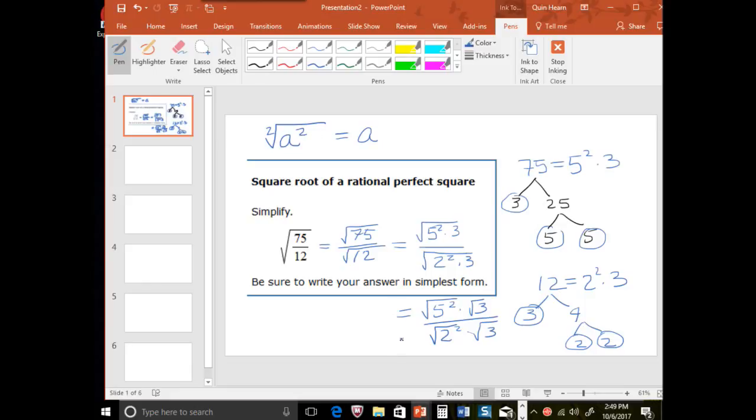So instead of square root of 5 squared, we're going to get 5 square roots of 3 over 2 square roots of 3. Now notice square root of 3 divided by itself is just 1. So we just get 5/2.